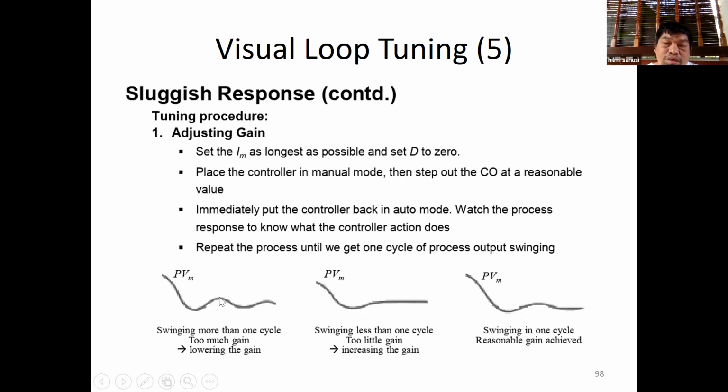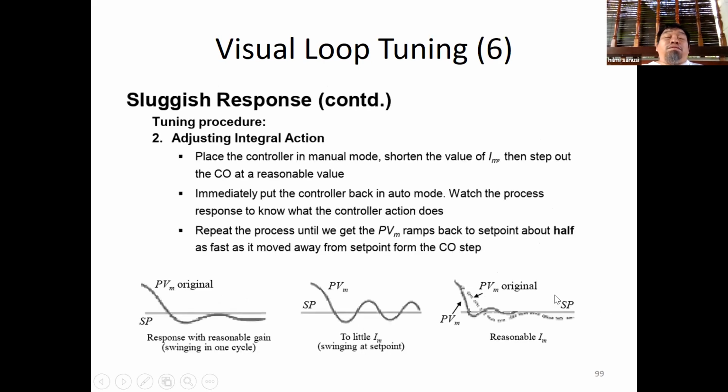Kalau ini 1, 2, 3, 4 ini setengah cycle. This is one cycle. And then the steady state. So once you get this, you place a controller in manual, immediately put the controller back into auto mode.